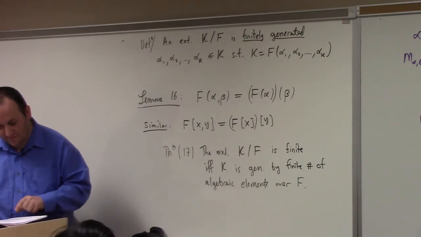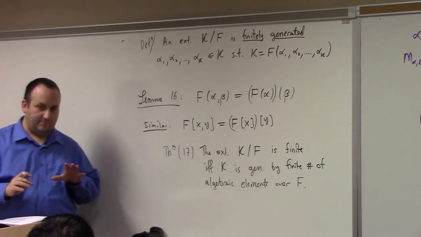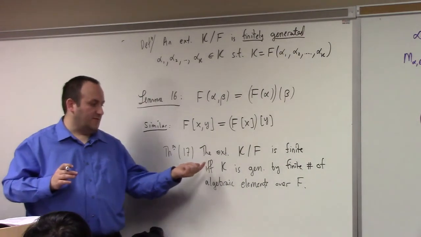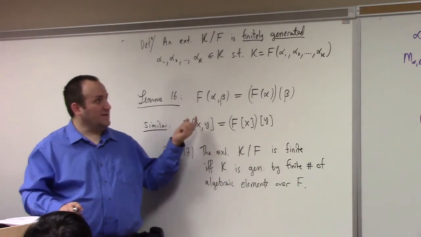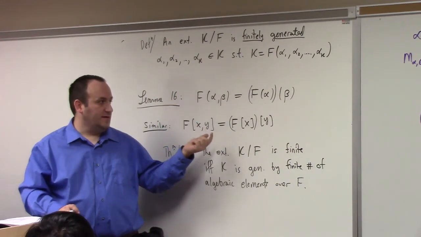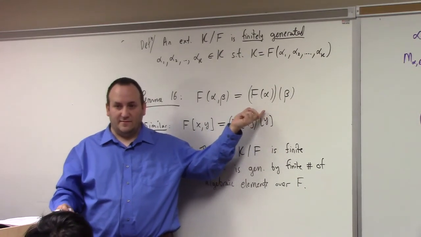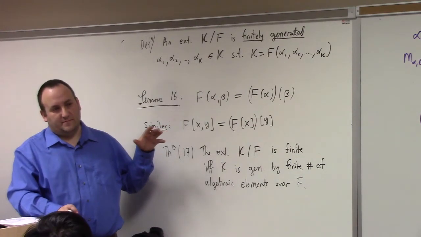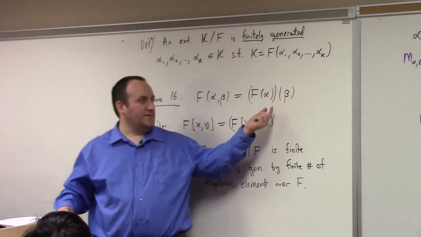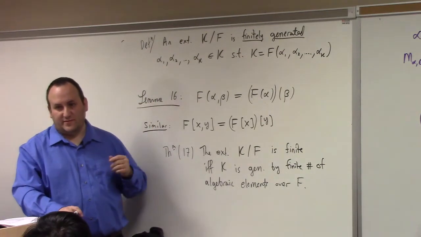The gory details, of course, are written out in Dummit and Foote, but I can kind of explain the basic idea just with words. If you have a finite extension, that means that you're adjoining k elements, right? But you can look at that as being the field with k minus 1 elements adjoined, extended with the kth element. And because that's a finite extension, it follows that alpha sub k is algebraic over F with the k minus 1 elements adjoined.